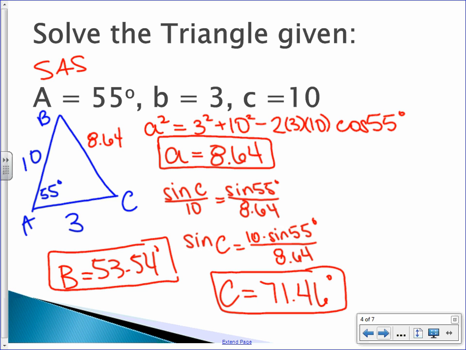This is an angle of 55 degrees, and this has a side of 8.63. This is an angle of 53 degrees, pretty darn close, right? And this has a side of 3. Does that bother anybody else?